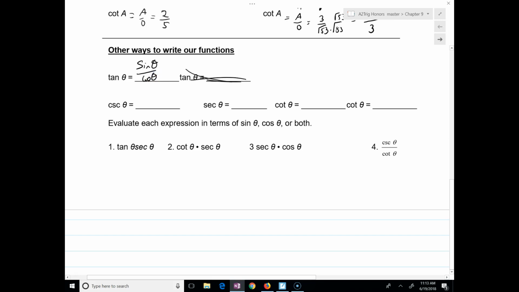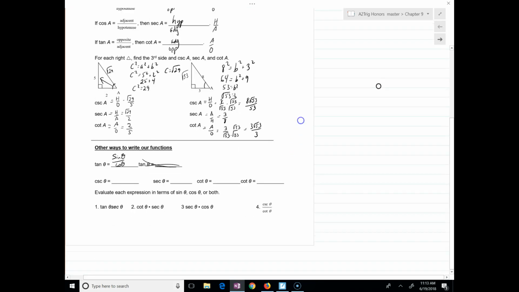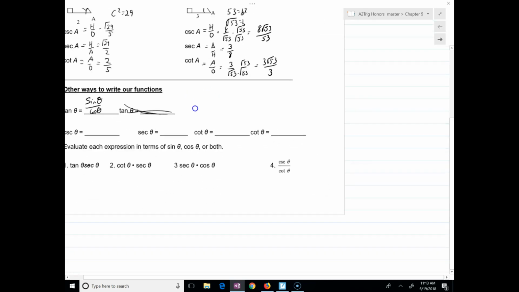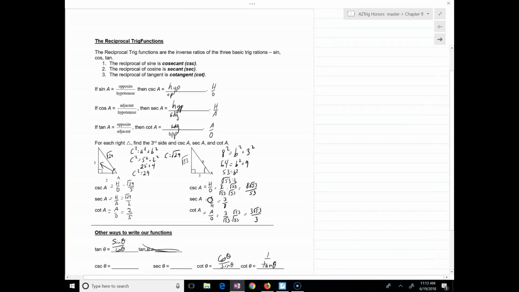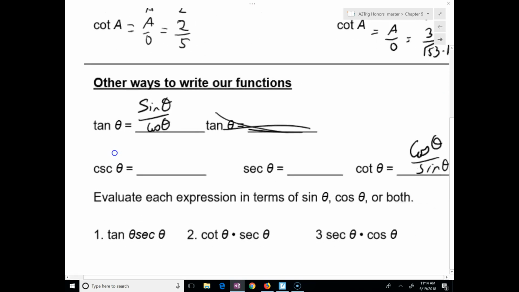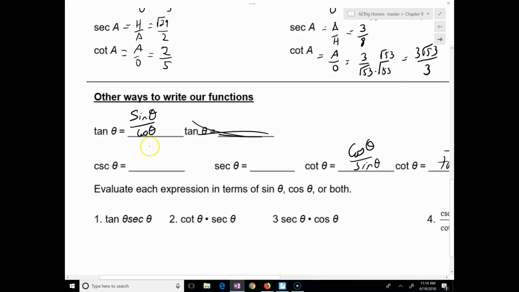If we go to cotangent, it's the reciprocal of that, which is cosine of theta over sine of theta, or actually 1 over tangent of theta. Cosine over sine comes into play. If we look at cosecant, we'll see that as 1 over sine of theta, because it's the reciprocal of sine, and secant is 1 over cosine of theta.